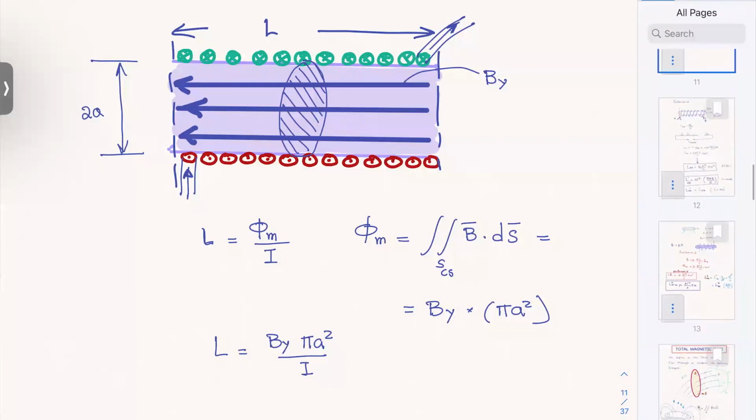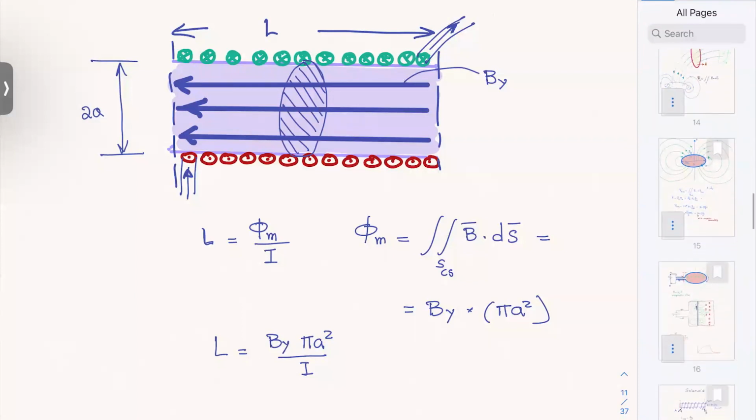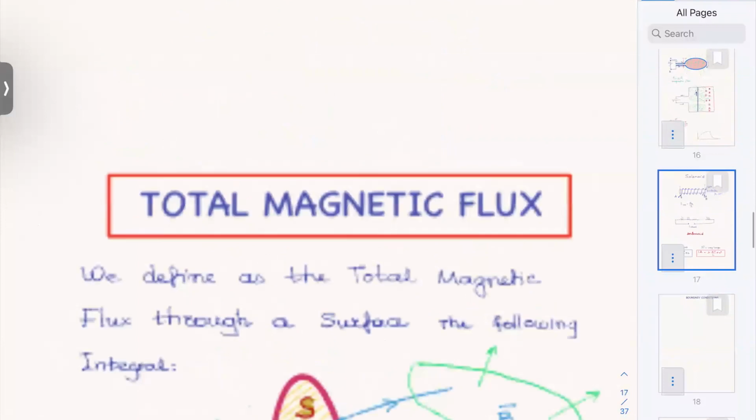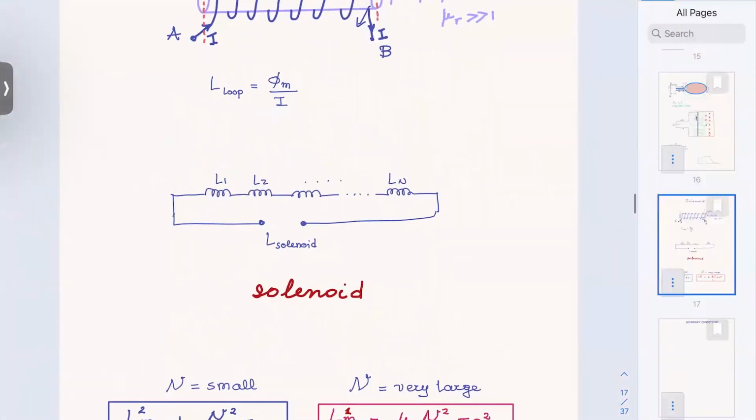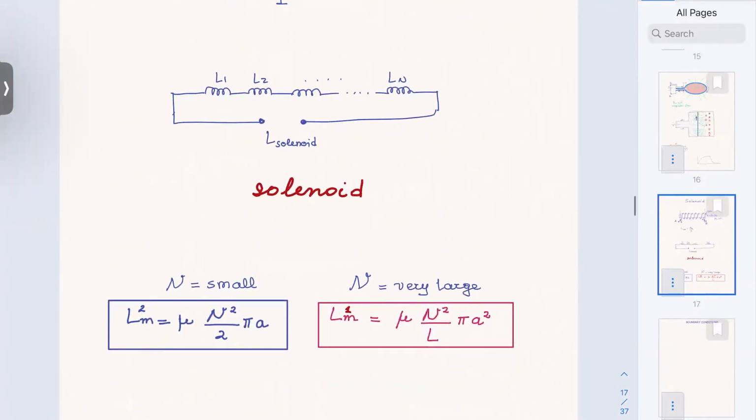And from there, we came to the conclusion that when we solve the solenoid problem, we find two very distinct approximations for the inductance of the solenoid.